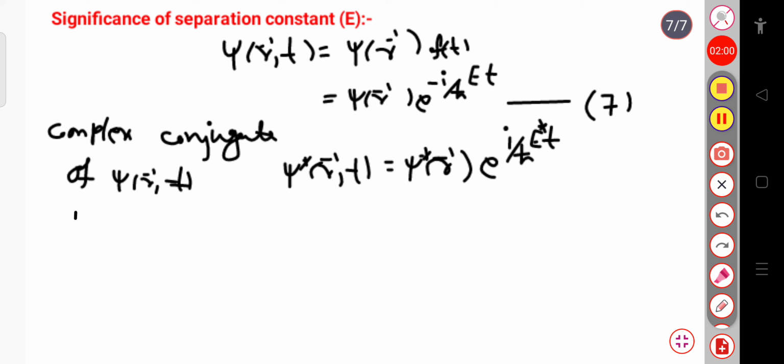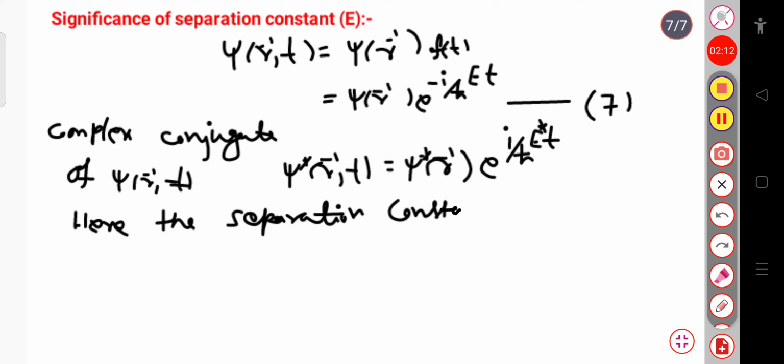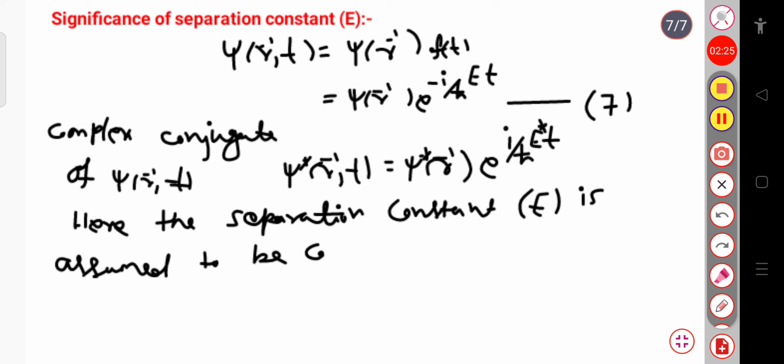Here the separation constant E is assumed to be complex, so for that we give a star on this, that is E star into t.